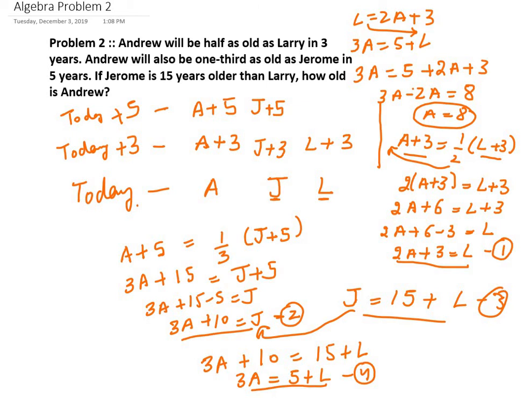First you write today's ages and then see what they have asked in the question, like 3 years later, 5 years later, or if they had given us the past as well, like 5 years ago, 10 years ago. This is the way to go, right? So you understood how we have to solve word problems. Thank you so much. We'll continue with more problems.